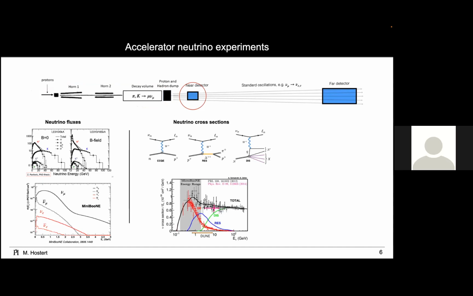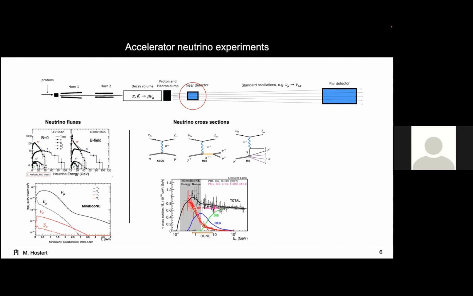The first one is charged current quasi-elastic. So that's producing a charged lepton, which identifies the flavor of the neutrino and kicks out a proton in this case. And then you can excite this nucleon to a certain resonance, which then de-excites back to the nucleon plus a pion or something else.